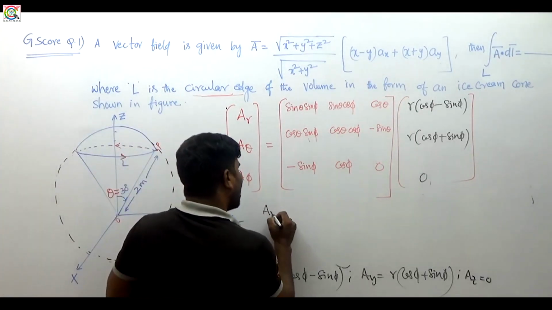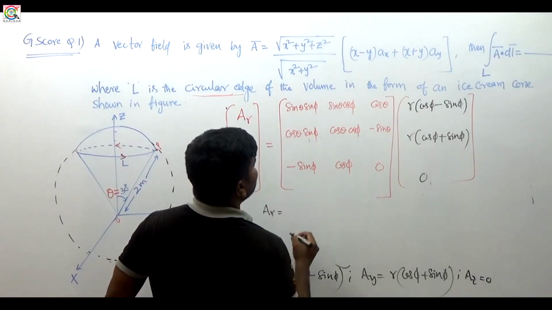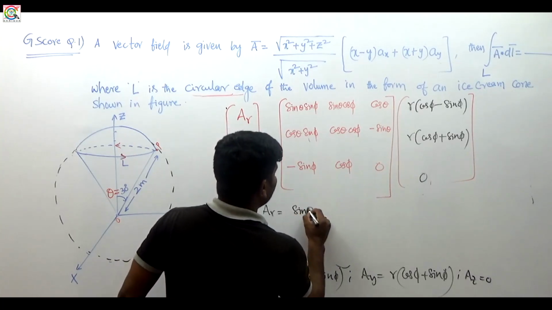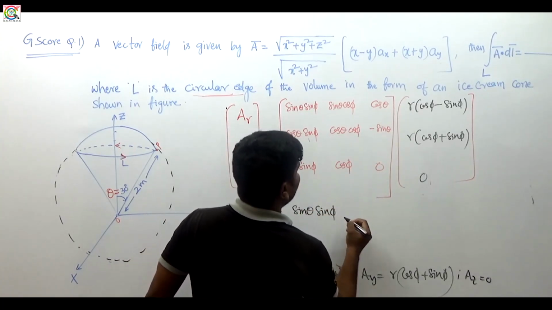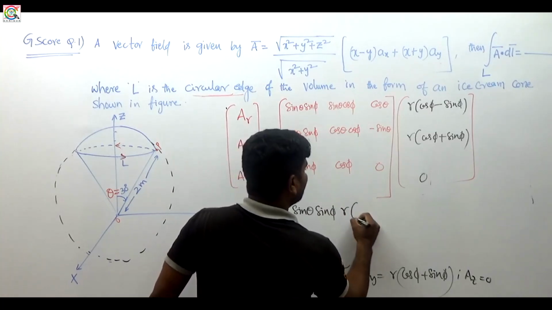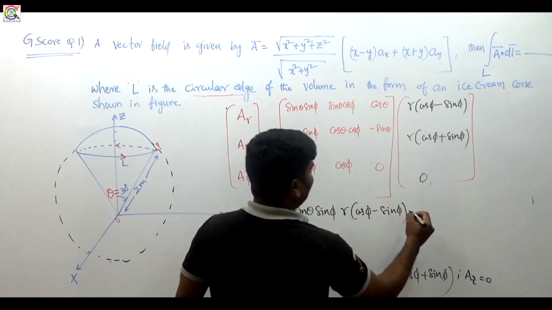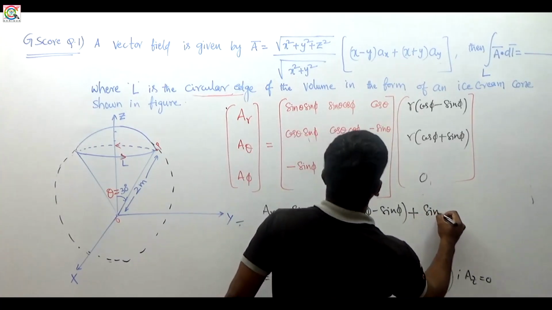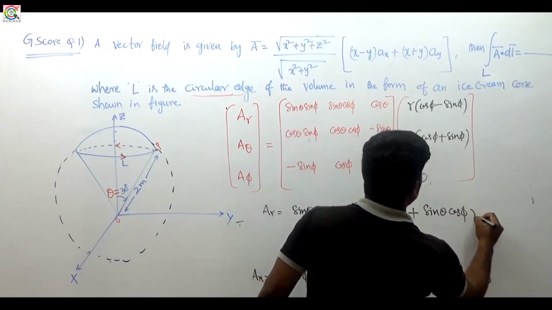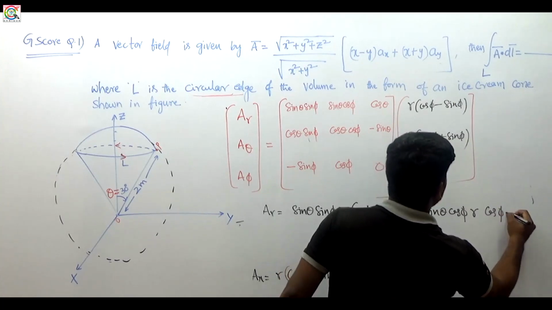Now if you matrix multiply, finally how much will you get? Here Ar is equal to sin theta sin phi into r(cos phi minus sin phi) plus sin theta cos phi into r(cos phi plus sin phi).